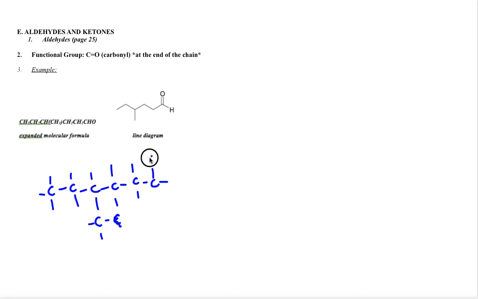What you'll see when you do that is that the carbon only has 3 bonds and needs 4. The oxygen only has 1 bond and needs 2. So that's how we know that there's a double bond there.